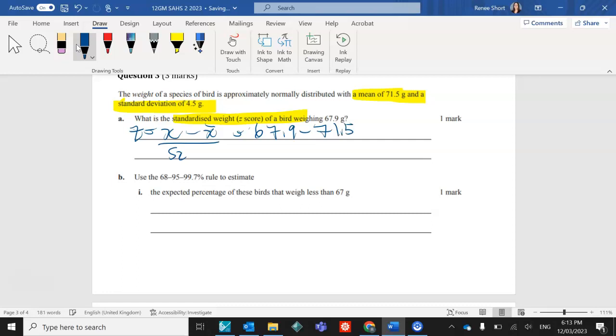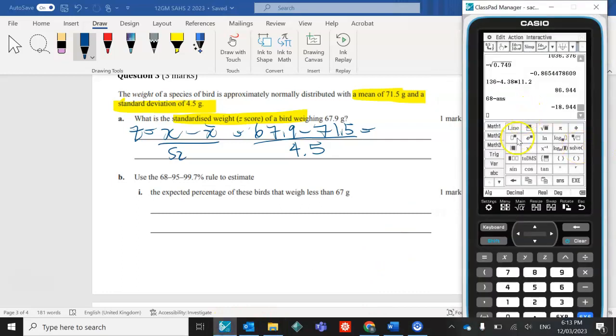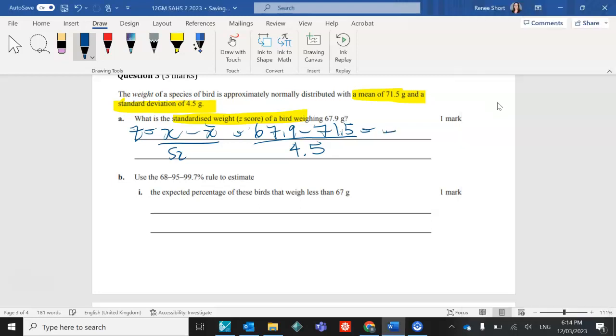We can see straight away that the actual score is less than the mean, which means I should end up with a negative z-score, and I divide that then by the standard deviation. So 67.9 minus 71.5 over 4.5 gives me negative 0.8 as my z-score. So my answer mark is for that negative 0.8.